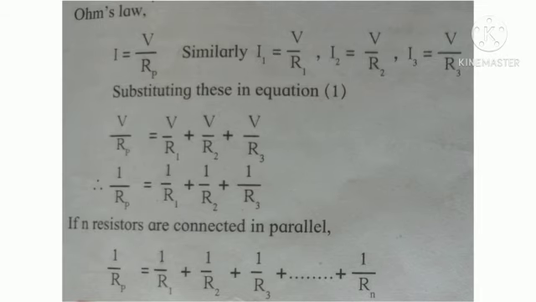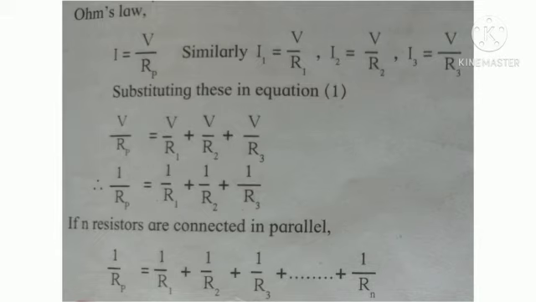Let Rp be the effective resistance between C and D. According to Ohm's law, I equals V upon Rp. Similarly, I1 equals V upon R1, I2 equals V upon R2 and I3 equals V upon R3.